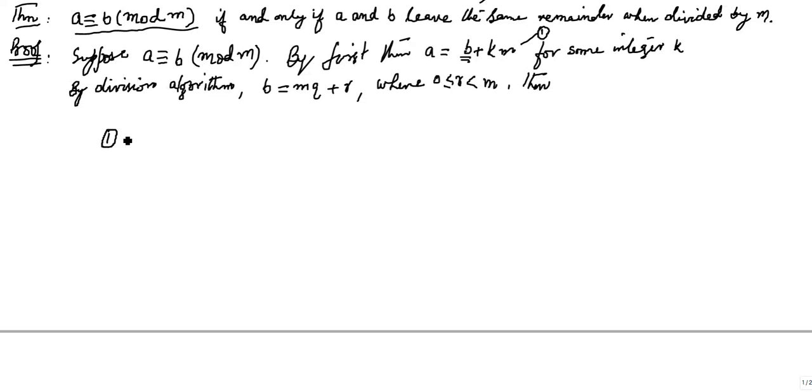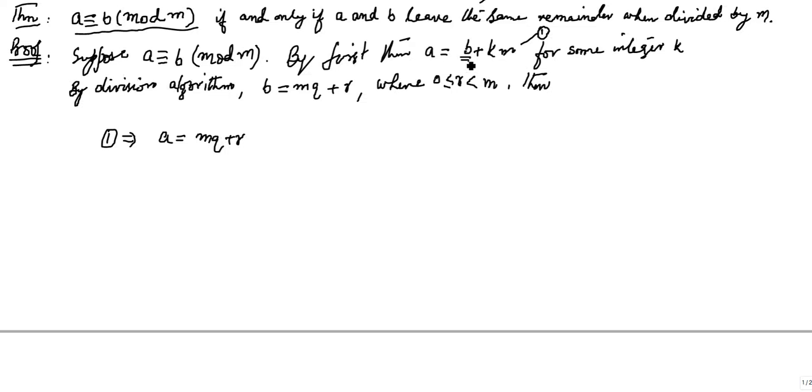So, equation 1 implies A equals M Q plus R plus K M, and we have already assumed that whenever B is divided by M, the remainder is R, and now we are showing that whenever A is divided by M, then the remainder will remain R. Okay.